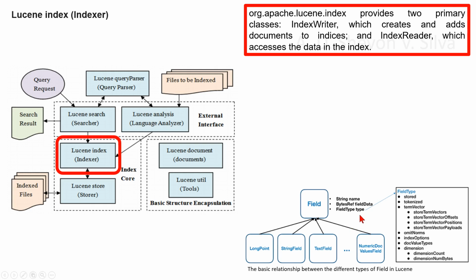Lucene provides many types of fields. There are two essential differences. The first difference is that different types of values in the field define different conversion methods, and the second is the combination of different values in different attributes of field types.